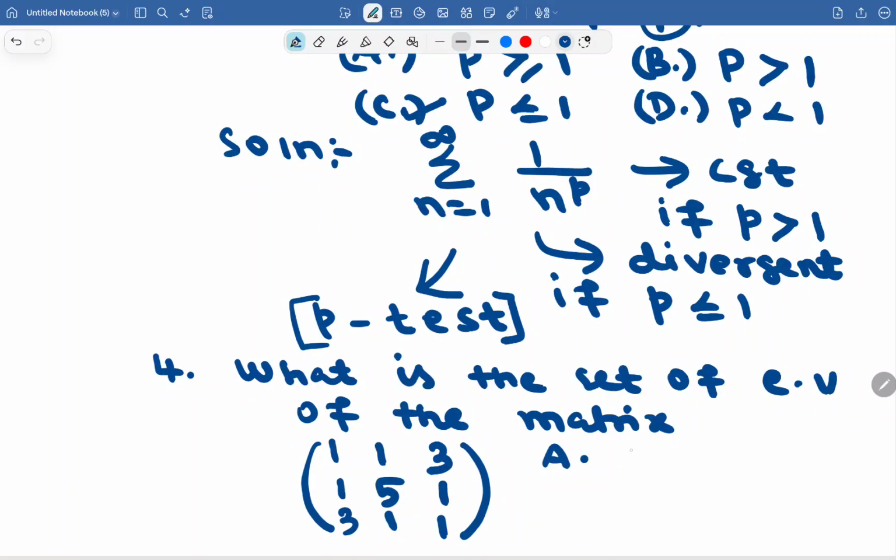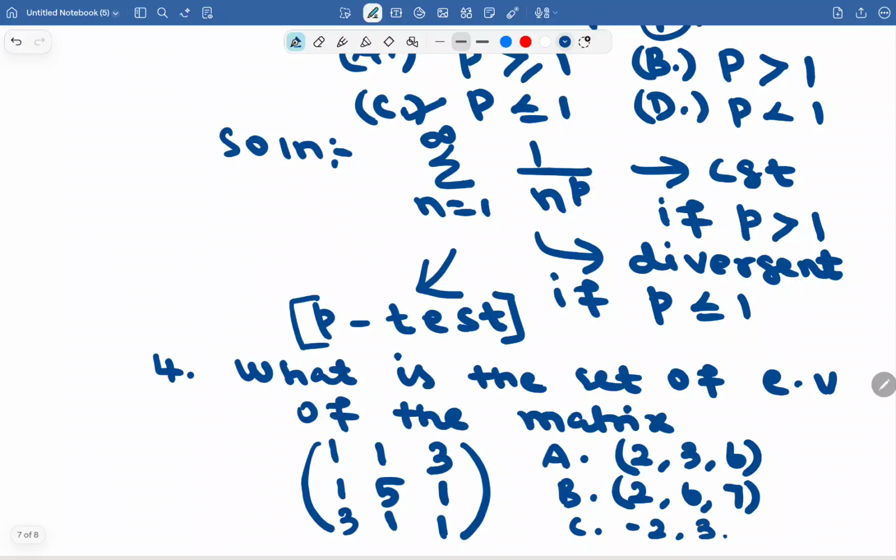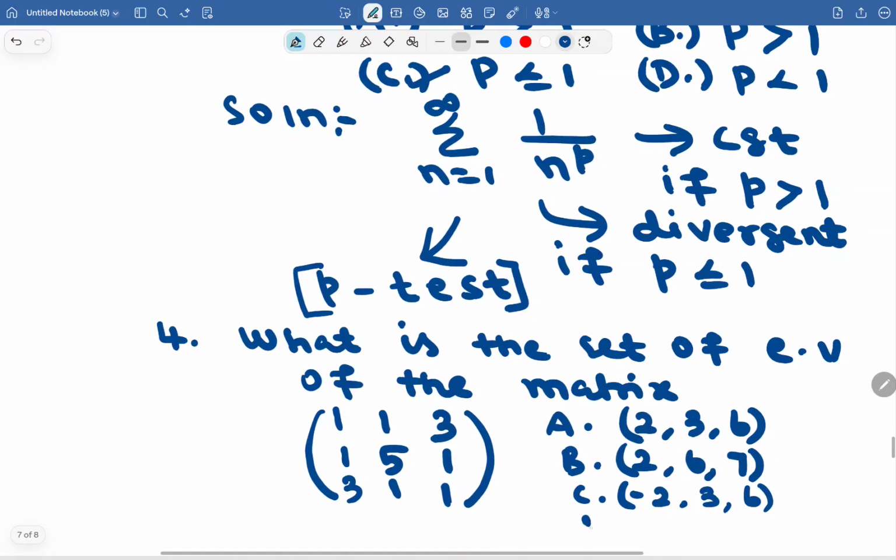Option A, 2 3 6. Option B, 2 6 7. Option C, -2 3 6. Option D, 1 3 6.